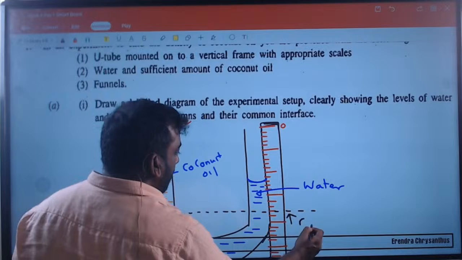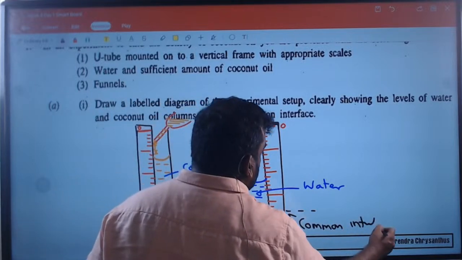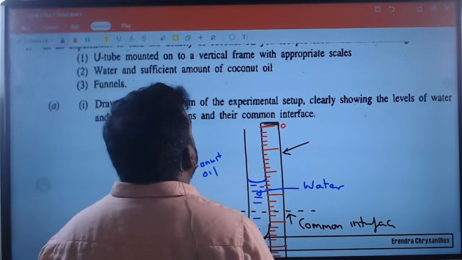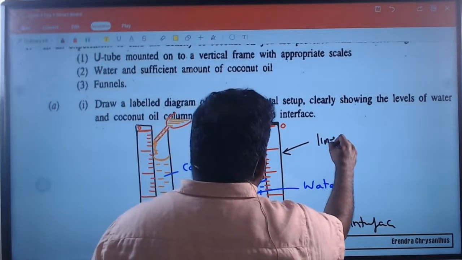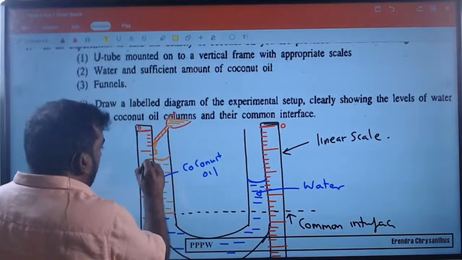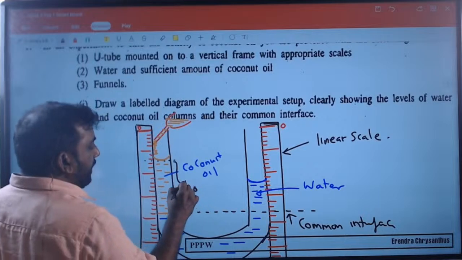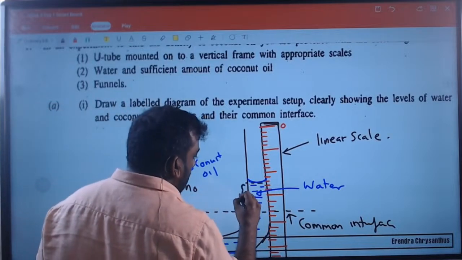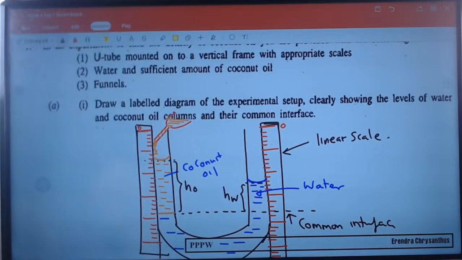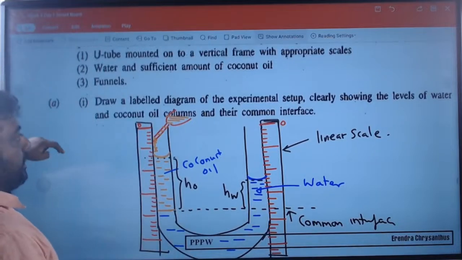Remember, this is the common interface. This is your linear scale. And don't forget, we'll measure the height of oil above the common interface, and the height of water above the common interface. So everything is properly labeled.